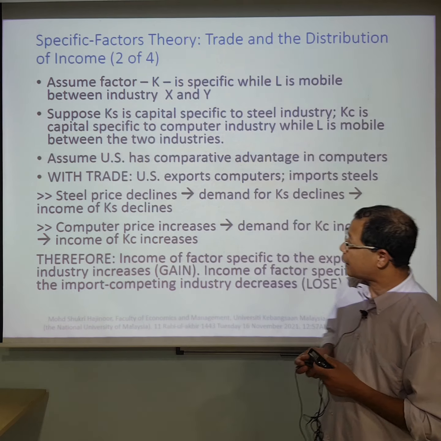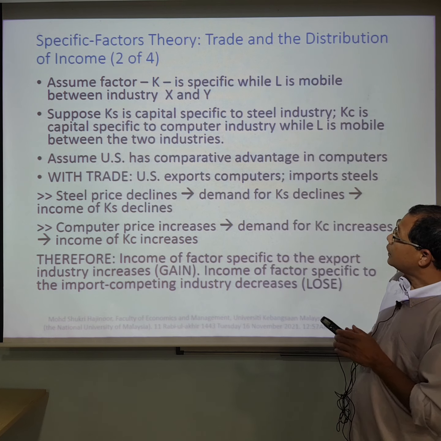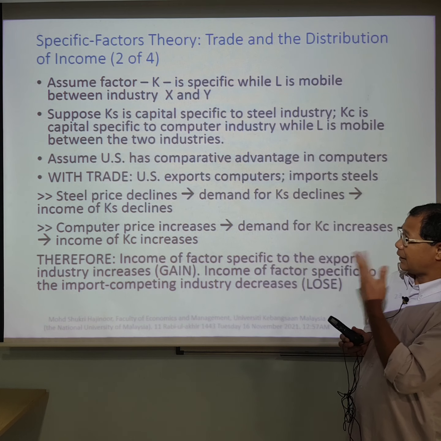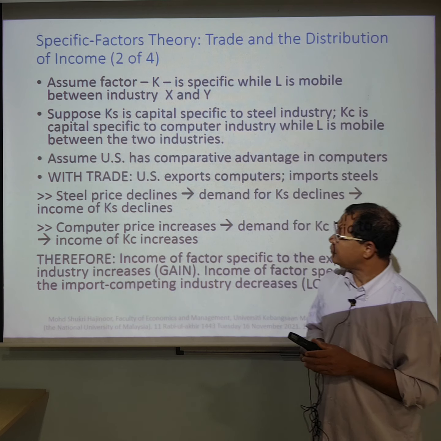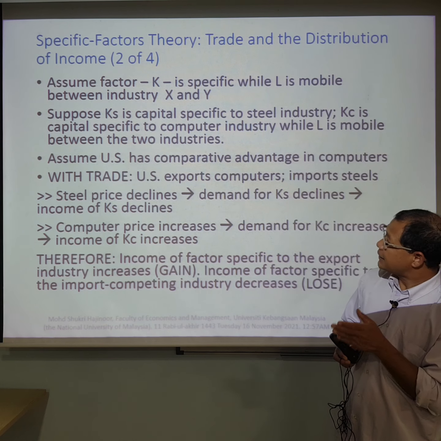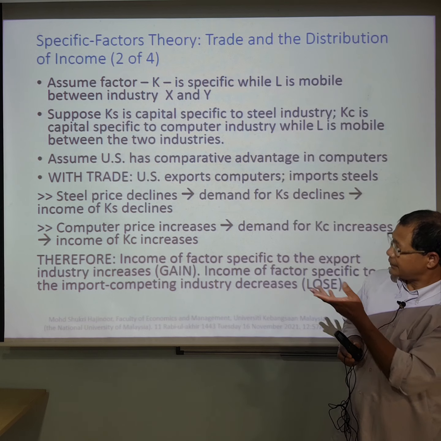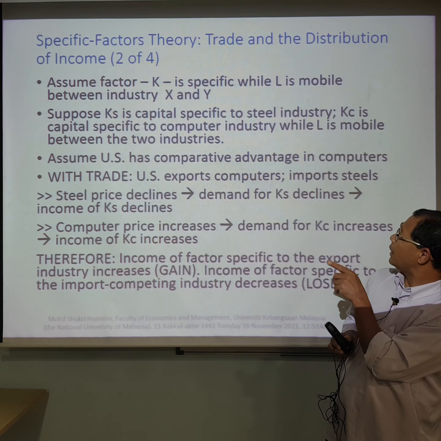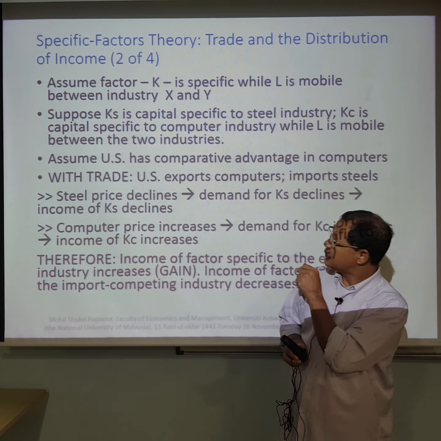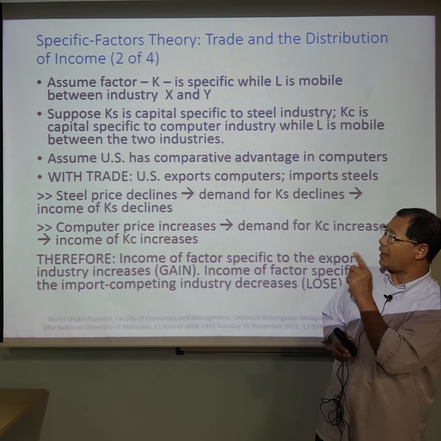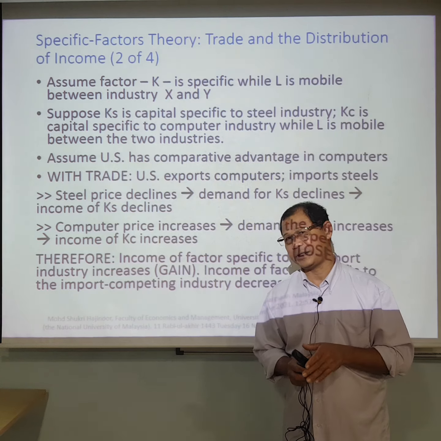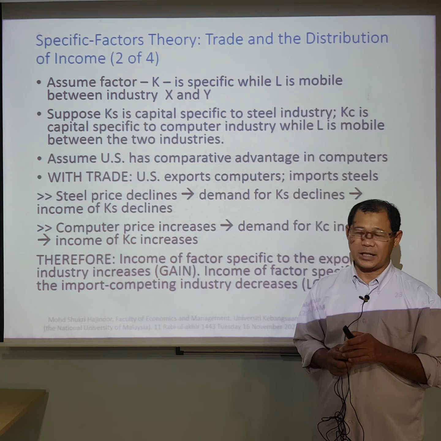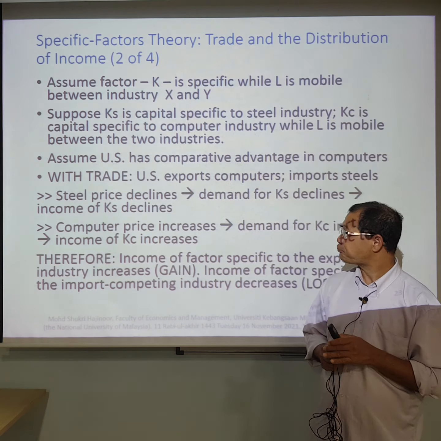how that comes about. We assume K is specific, while L is mobile. Suppose KS is capital specific to the steel industry, whereas KC is specific to the computer industry, L is mobile, and we assume the United States has a comparative advantage in the production of computers.